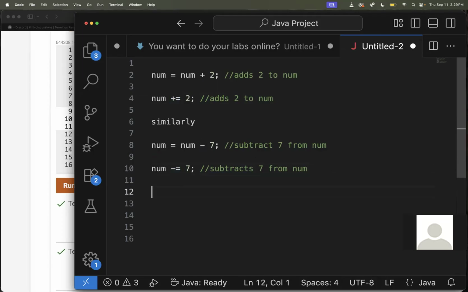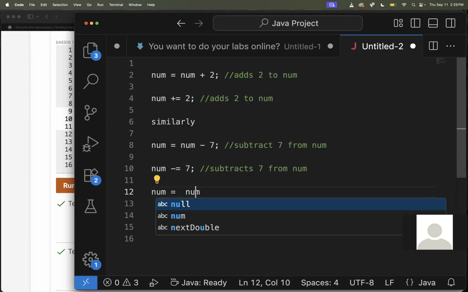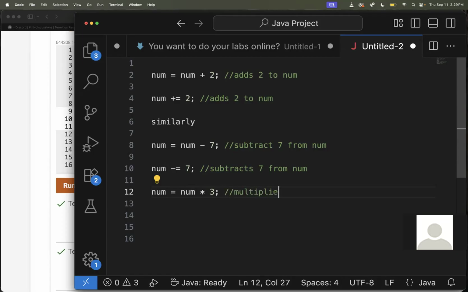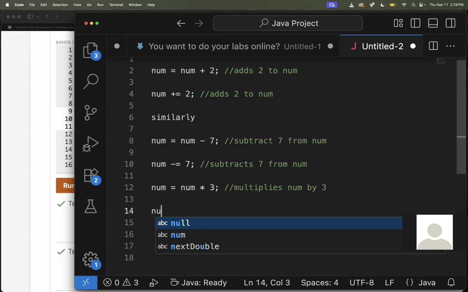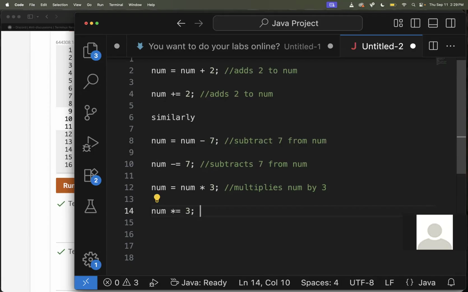And you can also extend that to multiplication and division. So num equals num times 3, that multiplies num by 3. Another way to do that would be num times equals 3. That also multiplies num by 3. So you always have choices about how you type these in, is what I'm saying.